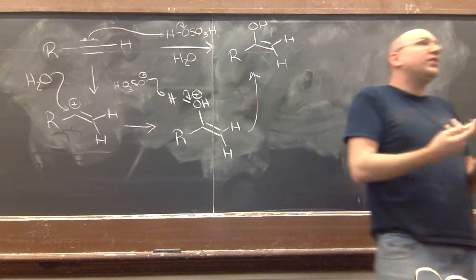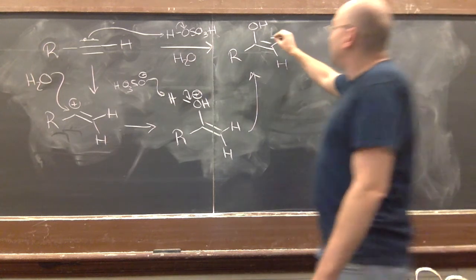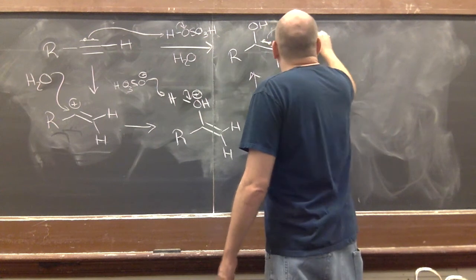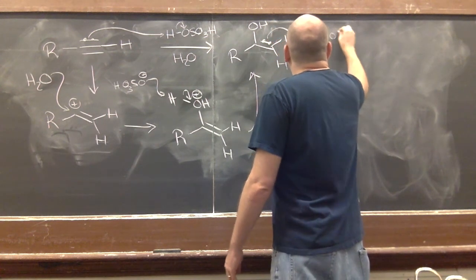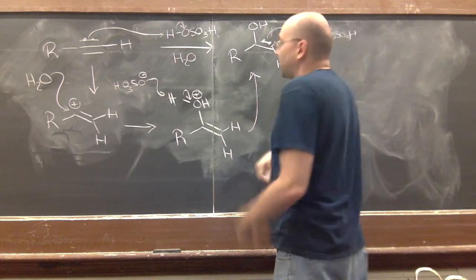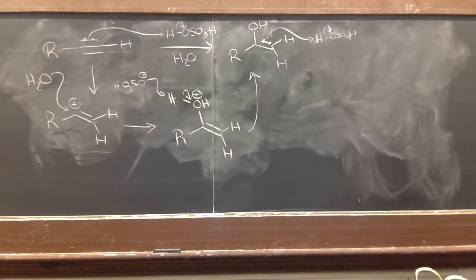And so there's really nothing to stop this from reacting with sulfuric acid again. Does that make sense? We've done the reaction, but we still have lone pairs here. And so those lone pairs can react again, not with a second equivalent because we've in fact regenerated it, but it can re-react with the sulfuric acid.